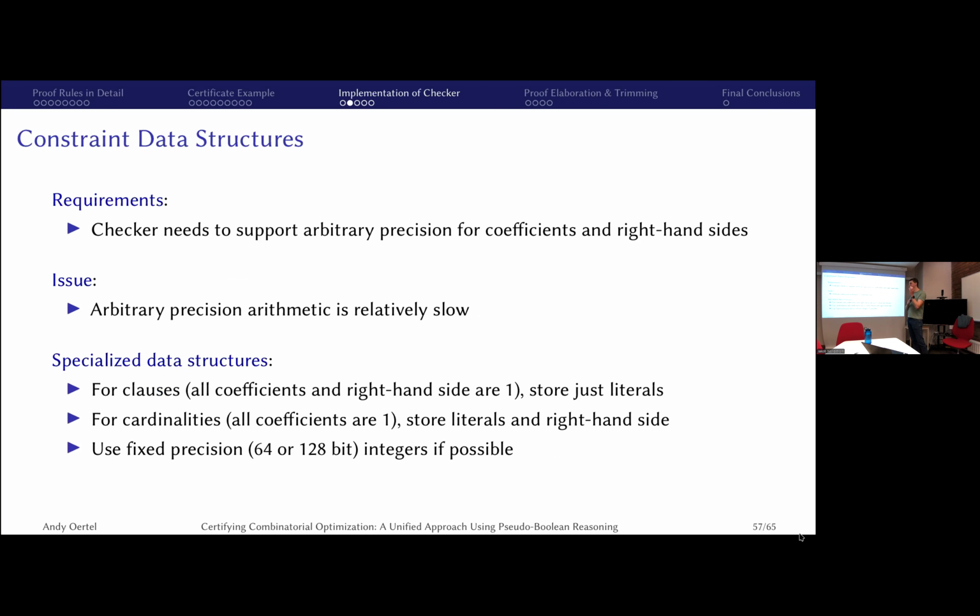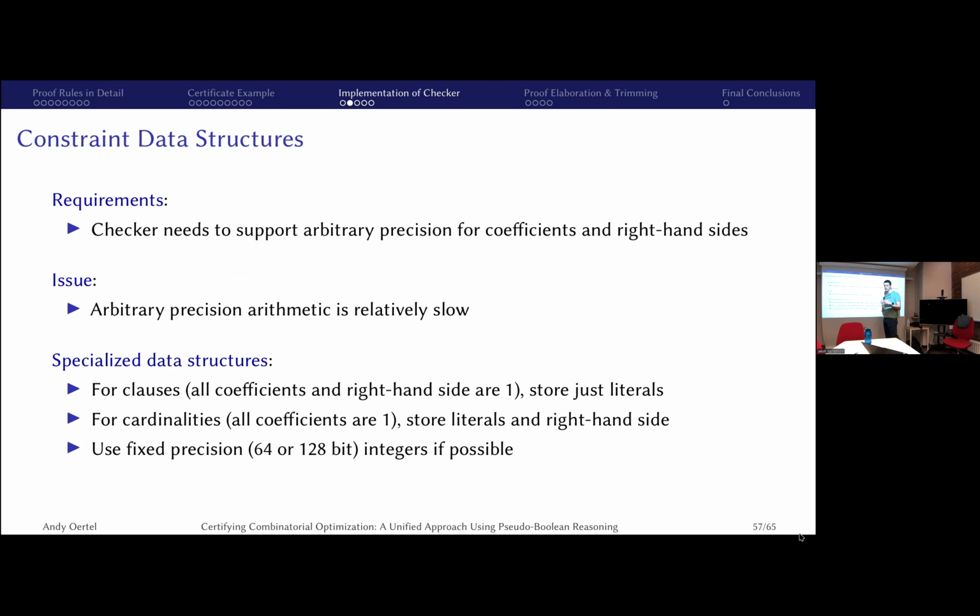And so the workaround is that we have different specialized data structures. If we know that all coefficients are 1 and the right-hand side is 1, so we have a clause, then we just store the literals. So we don't store any coefficients or right-hand side. For cardinality constraints, if all coefficients are 1, then we just store the literals and the right-hand side.